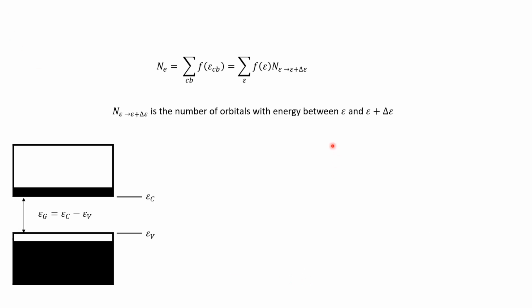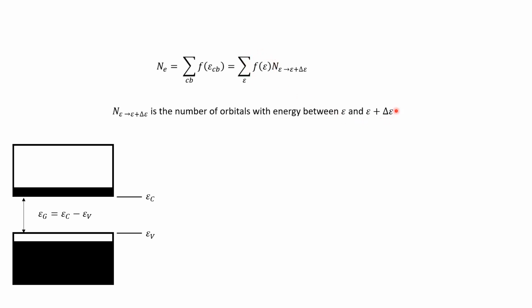So to do that, we can consider a range of energies. So suppose we consider the range of energies between the energy epsilon and the energy epsilon plus delta epsilon. So we need this delta epsilon to be sufficiently small so that all energies within this range will have the same probability.